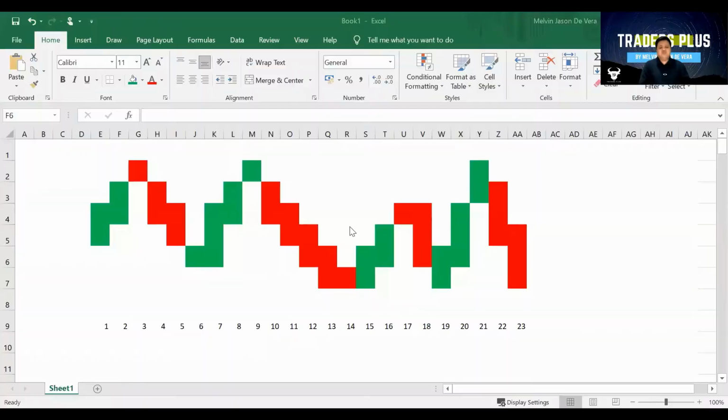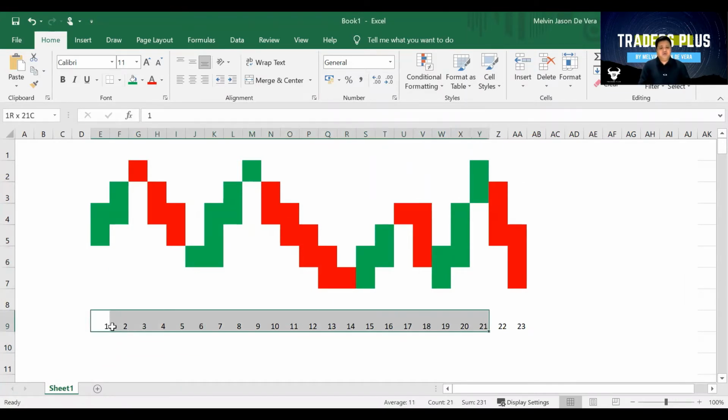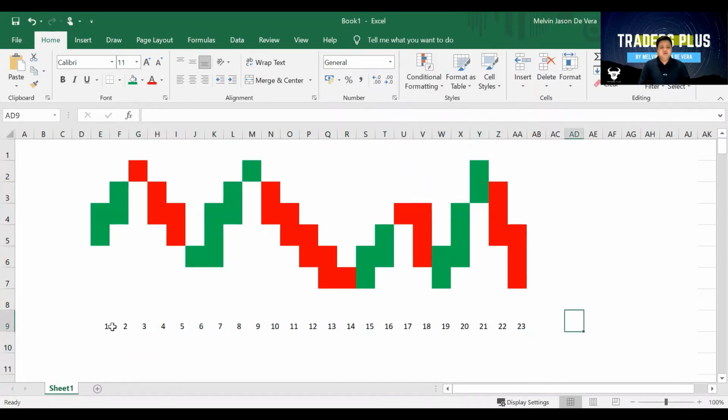Okay, so let us assume that these are candles, and these are the periods. So when you say moving average, we're going to get the average of the past prices. So let's say, kukuha ko ng 5 prices. All the closing prices of these 5 days, kukunin natin at i-average.